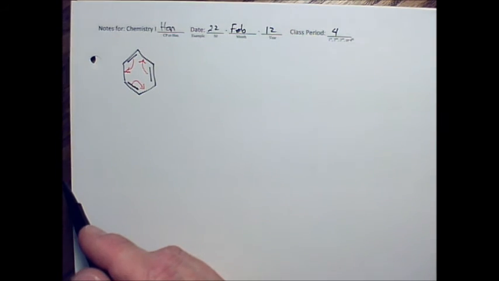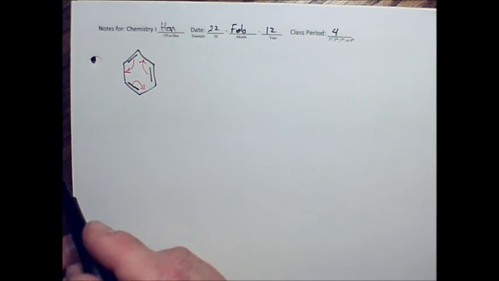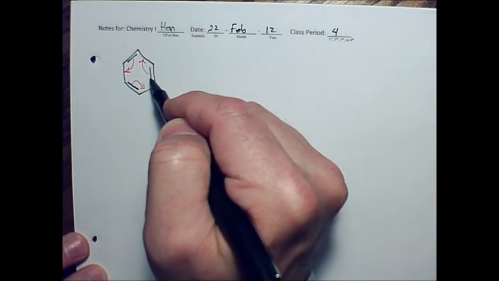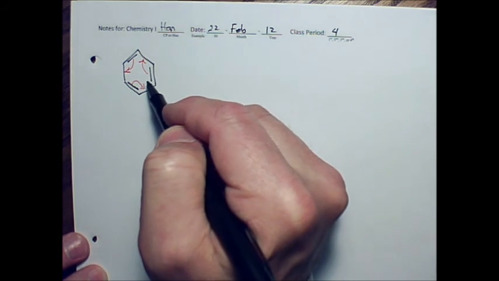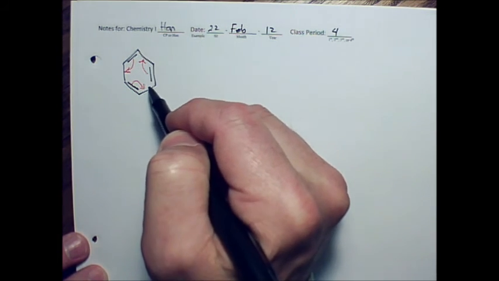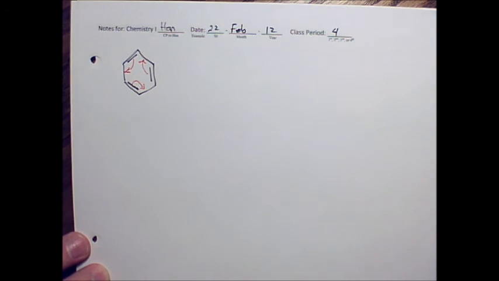Can you repeat that definition one more time with the electrons in the pi bonds? The pi bonds are not stuck between two atoms. I said centered between two atoms. The pi bond electrons are moving around between more than one set of atoms. So it's a resonant structure, and we call it delocalization when the electrons do that.